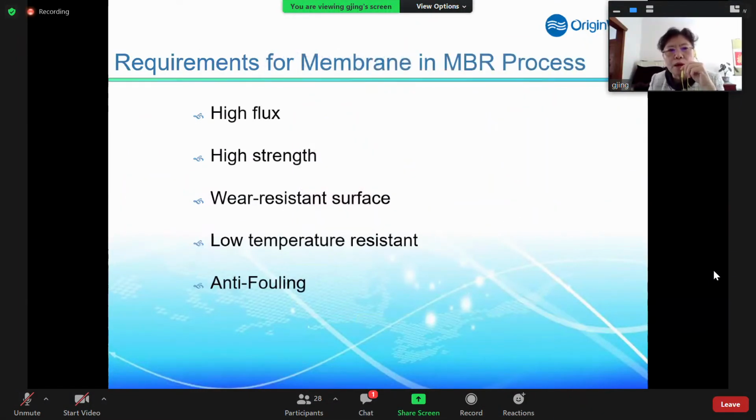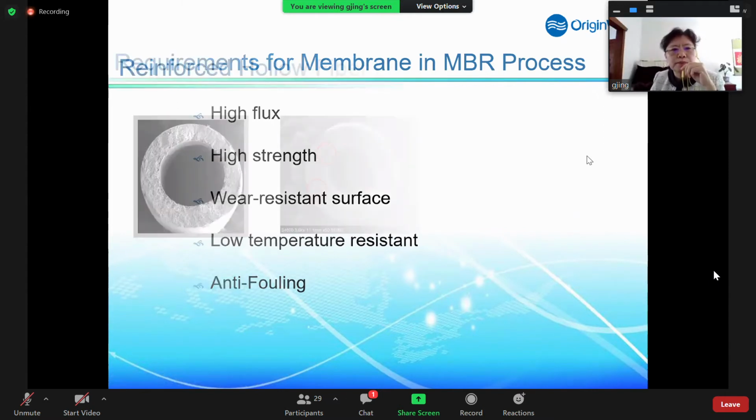To meet the MBR requirements, we need high flux, high strength, and also anti-fouling. Membrane development is probably the key issue in meeting those requirements.